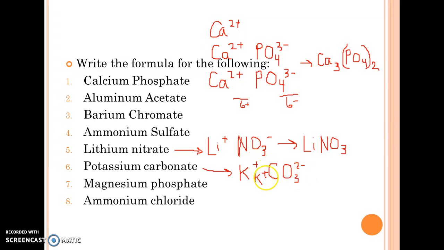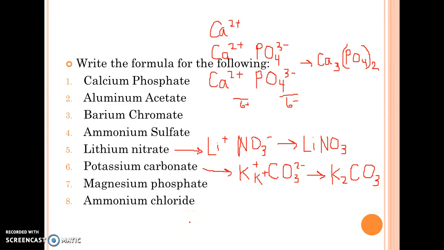And now I have 1 + 1 - 2. So when I want to write this formula, I have 2 potassium atoms, K2, and 1 carbonate ion, so I have CO3. Again, I do not need to use parentheses because I only need 1 carbonate.